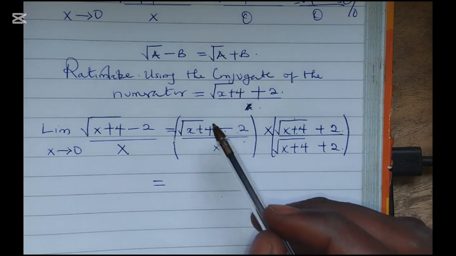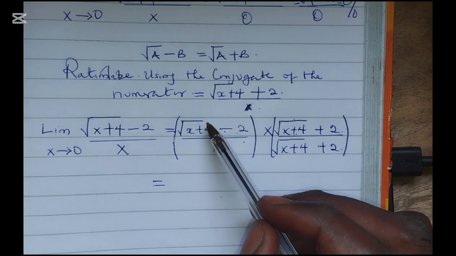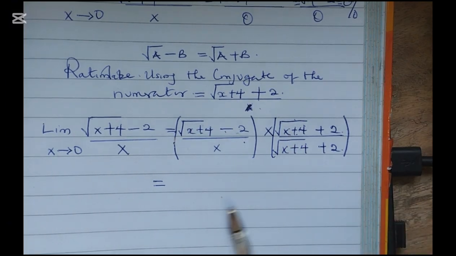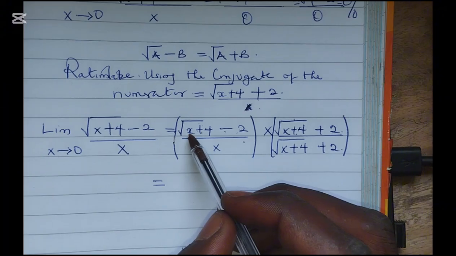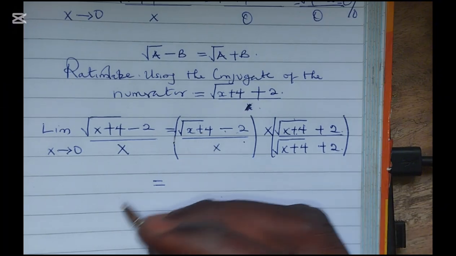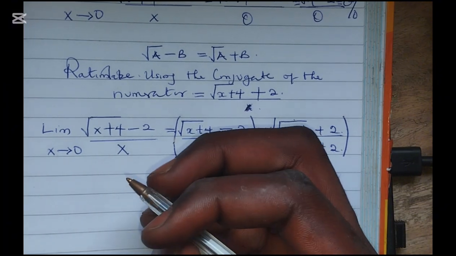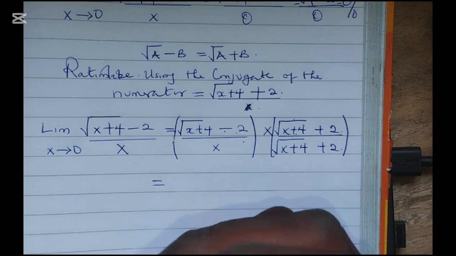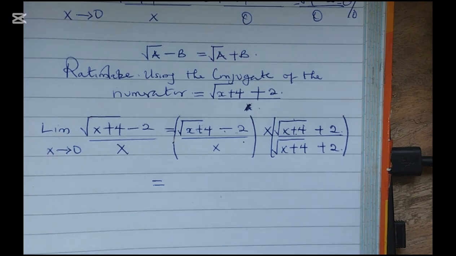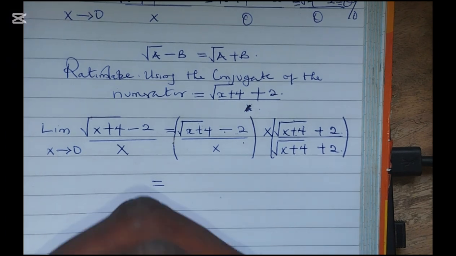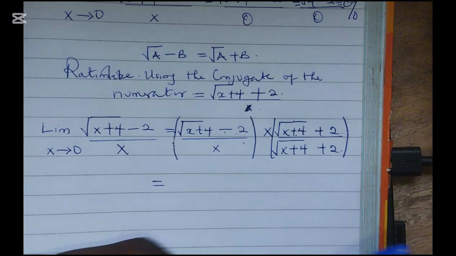So let's do that. When you multiply the same root, the answer is just what you have in that root. Square root of 4 times square root of 4 is square root of 16, but the answer is still 4. Square root of 5 times square root of 5 is square root of 25, but the answer is still 5.